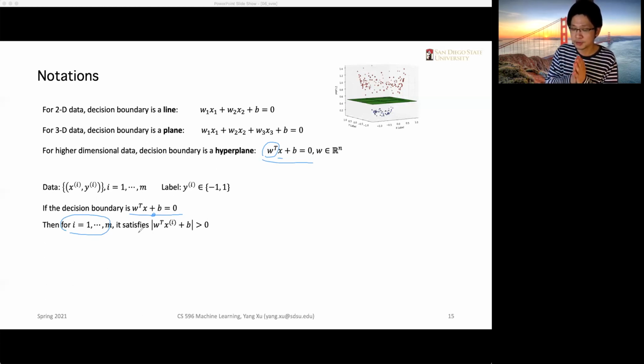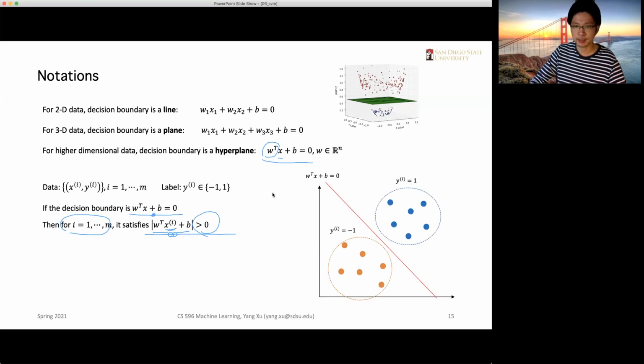We don't want the decision boundary to go across any data points. That's why the absolute value of W transpose times Xi plus B should be greater than 0. Otherwise, if it's equal to 0, then the data point Xi is on the decision boundary, which is not what we want. So this is the condition we must have.